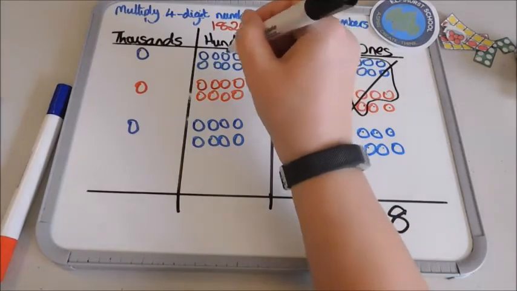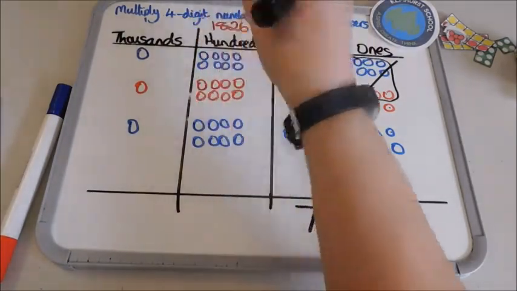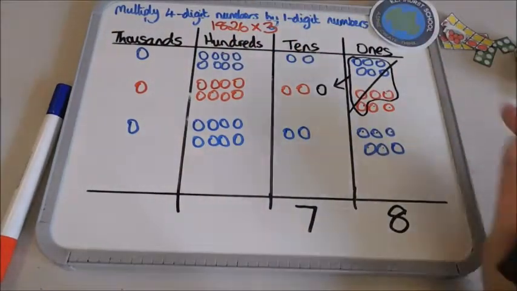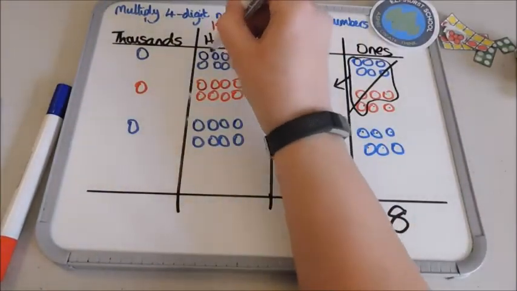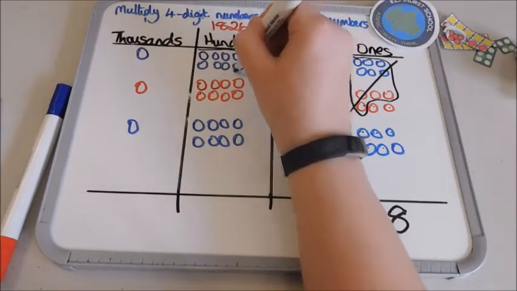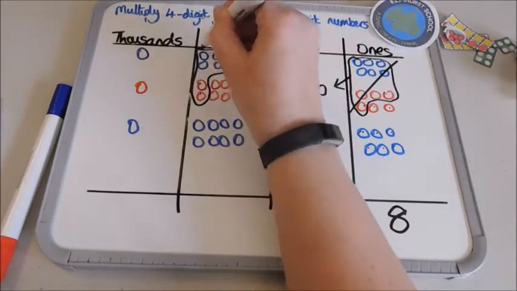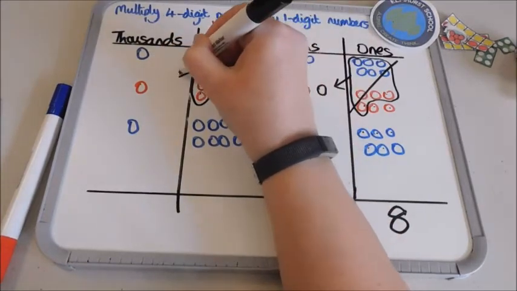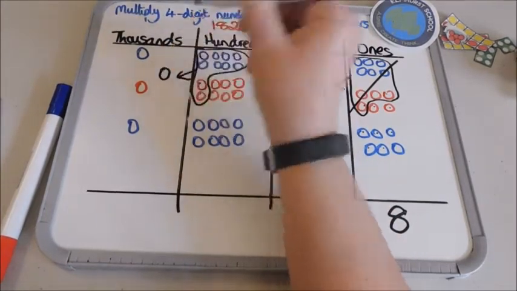Okay, because if I've got 10 lots of 100, 10 lots of 100 is 1,000. So 1, 2, 3, 4, 5, 6, 7, 8, 9, 10. That's 10 hundreds is 1,000. Okay, so that becomes 1,000.